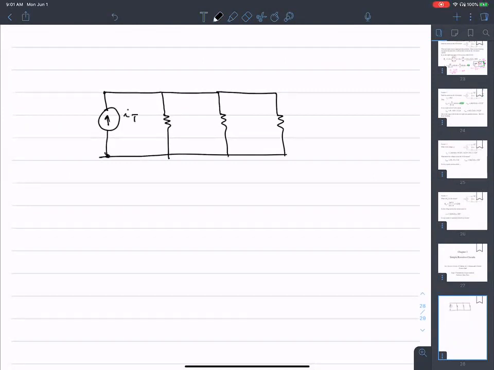I total is splitting between R1, R2, and R3. The total equivalent resistance, R equivalent, is 1 over R1 plus 1 over R2 plus 1 over R3, the whole inverse.